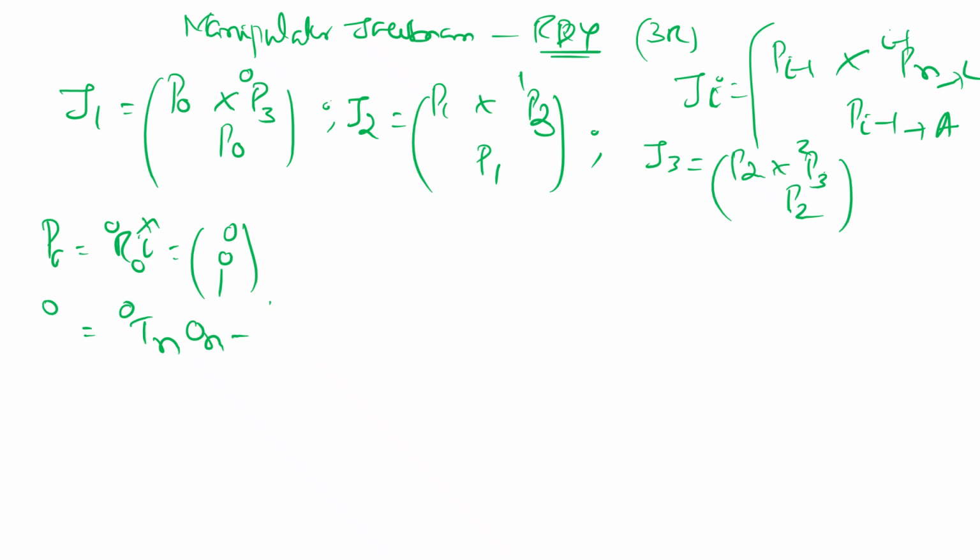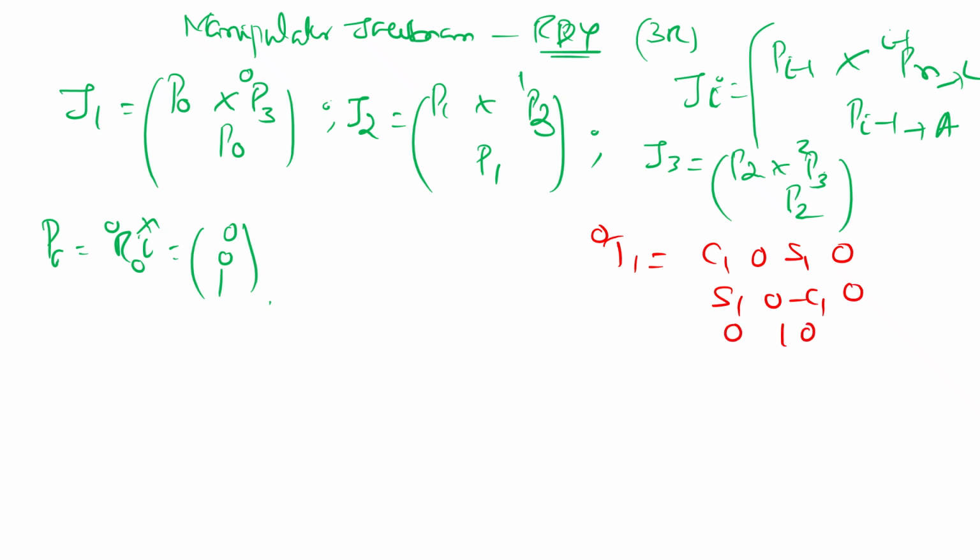Before this, first let me give you these matrices. For all this, we need T10. So T10 is C1 0 S1 0, S1 0 minus C1 0, 0 1 0 0.